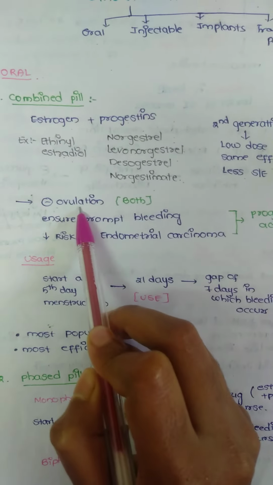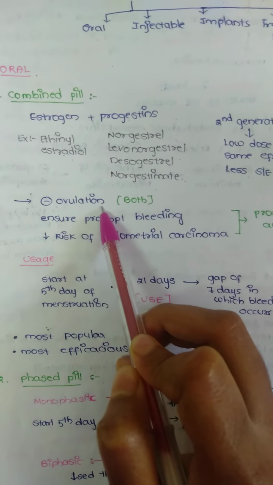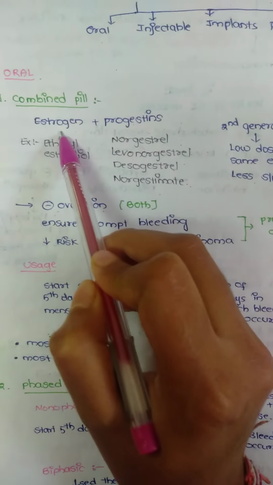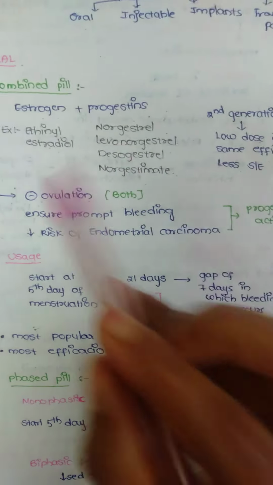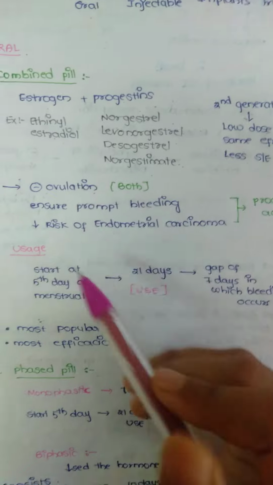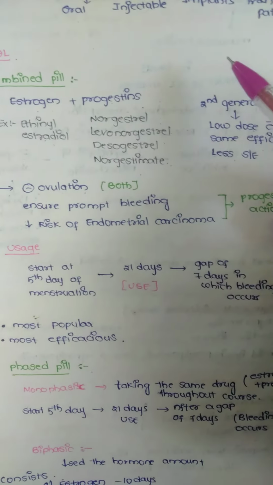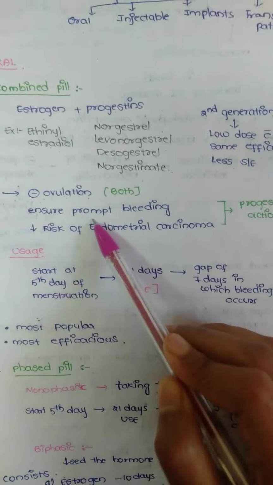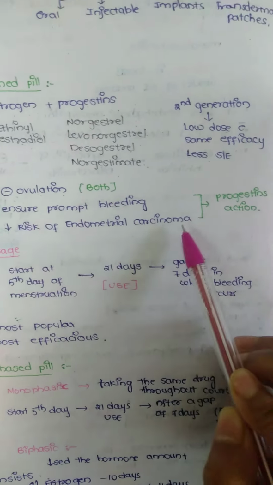And this combined pill, how does it act? It inhibits ovulation. The estrogen component and progestin component both synergize the action and inhibit the ovulation. And this progestin has other actions also, like ensuring prompt bleeding and decreasing risk of endometrial carcinoma.